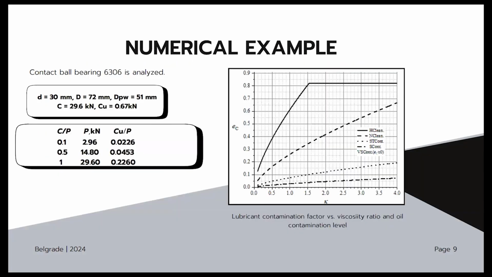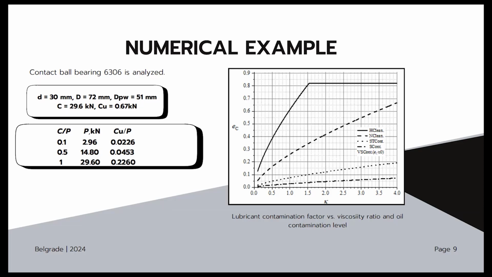Here is the numerical example. We analyzed the deep groove ball bearing 6306. And here you can see the geometry and the operational values for that. Operational values are the dynamic load rating and fatigue load limit.